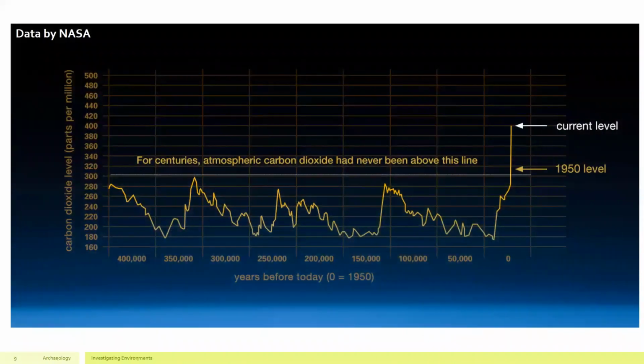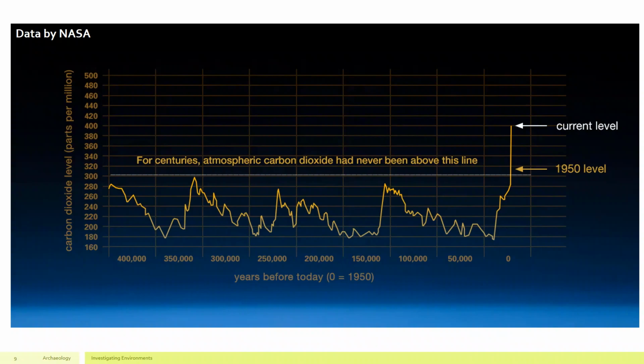Here's some data by NASA that shows the parts per million of carbon dioxide in the atmosphere going back 440,000 years. This is years before today, where 0 equals 1950, basically. But the trend is indistinguishable really from 1950 to current.